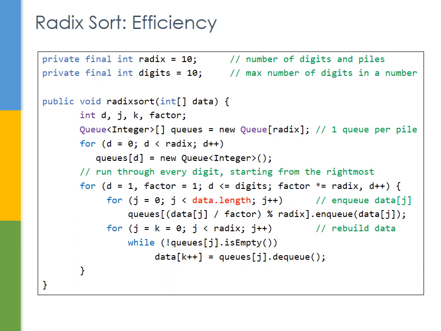This loop has a nested while loop over here, and all that this while loop does is it checks to see whether the current queue is empty, and as long as there are elements contained within the queue, it dequeues an element from the queue, and it places it in the data array at the appropriate subscript. Right, so that's the complete algorithm.